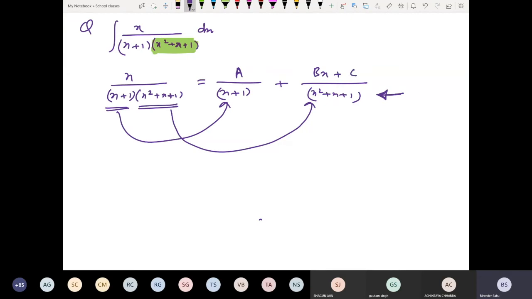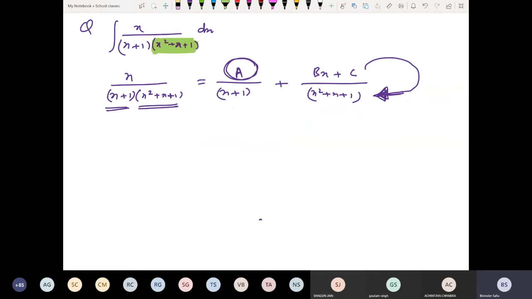You can see here the degree of the numerator is 1 less than that of the denominator. It is linear in the denominator in the first term, so it is a constant. It is of degree 2, so in the numerator it is of degree 1, so that's why it is linear. That's why we substitute like this.